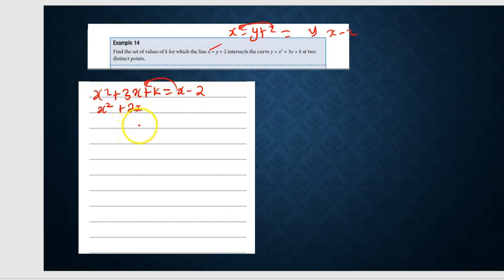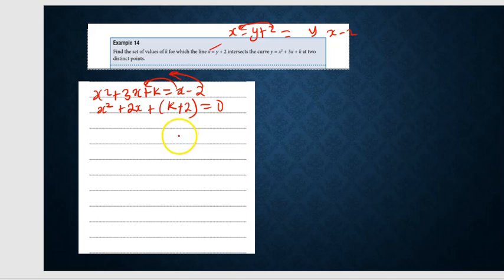Then we are going to have plus k and 2. So this becomes k plus 2. This 2 becomes plus when we bring it to the left hand side. And this must be equal to 0.